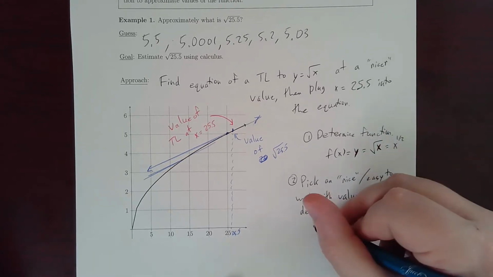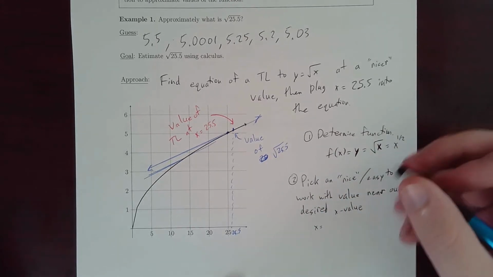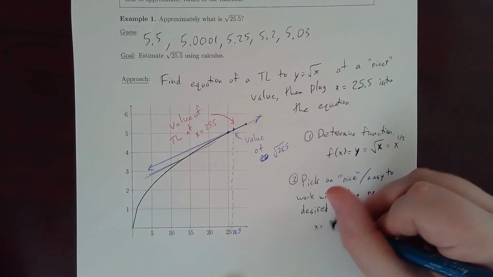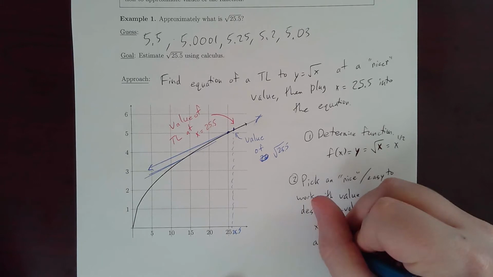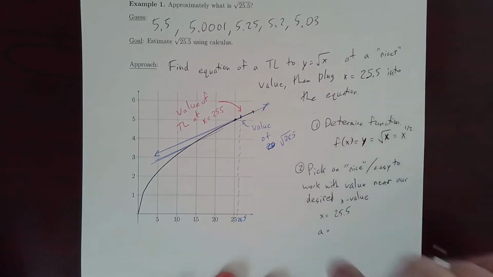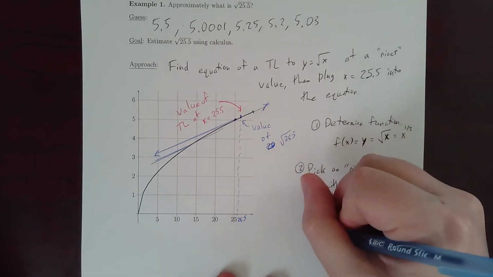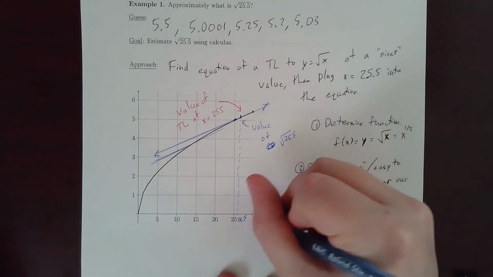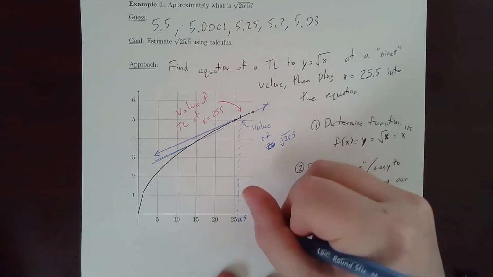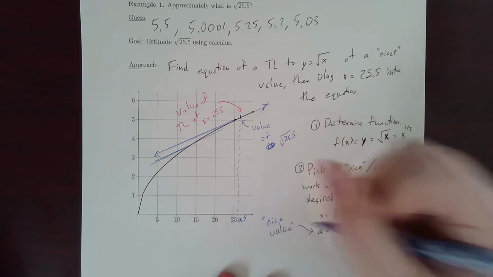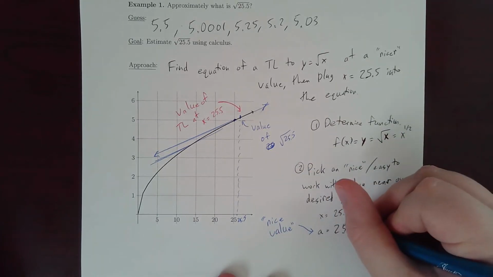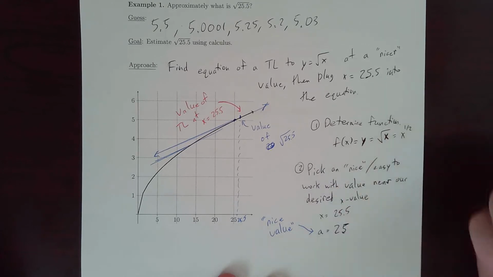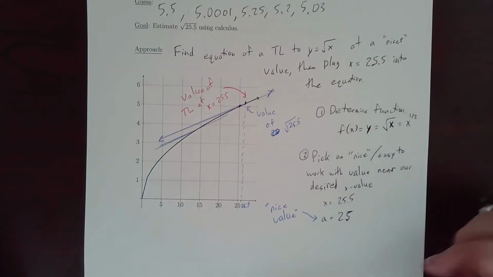So we know that x is going to be 25.5, so our approximation we're going to pick as a. So a will be this quote-unquote nice value. And since we know the square root of 25, our nice value will be 25.